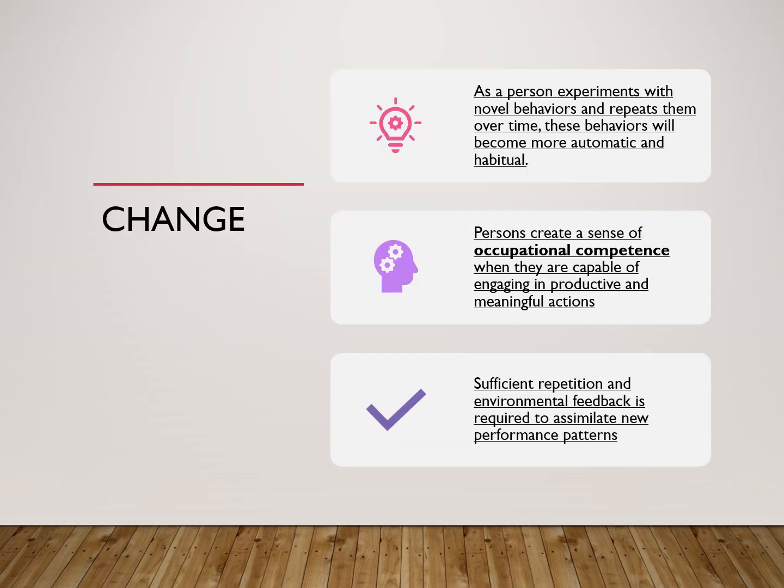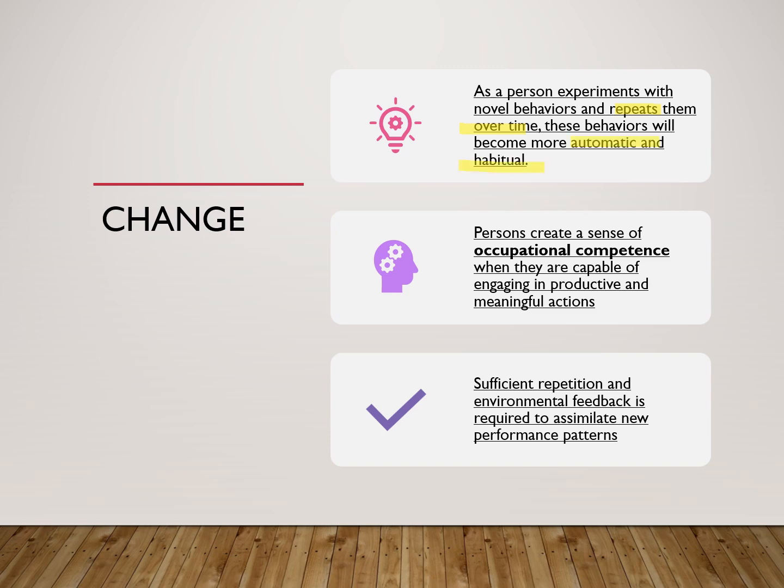Fixing problems. How do we do that? How do we change? So this is what happens. As a person experiments with novel behaviors and repeats them over time, the behaviors will become more automatic and habitual. So we have over time, we have repeating, and we have automatic and habitual.